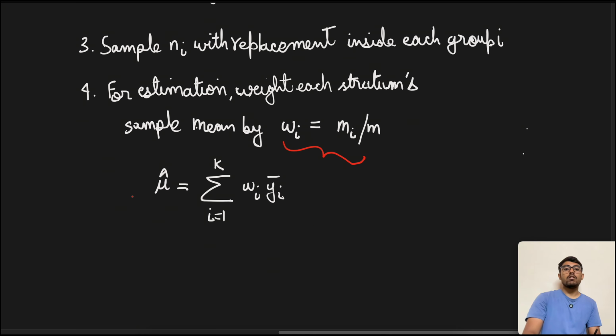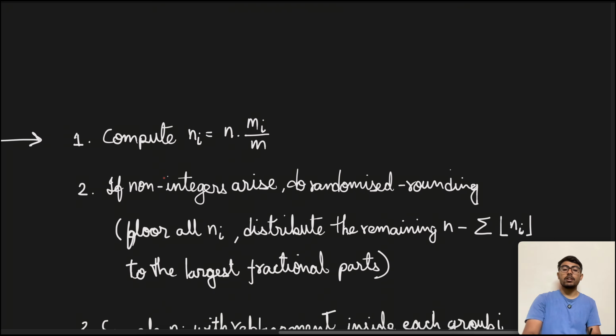Hence the mean would be mu cap, which is the notation here, of summation of i from 1 to k Wi times yi bar, which is the mean for that particular stratum. All right, so that's how you actually implement this one.